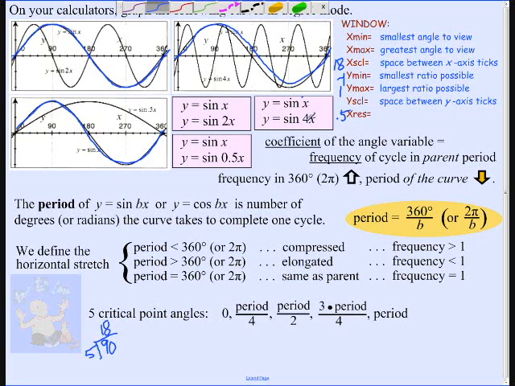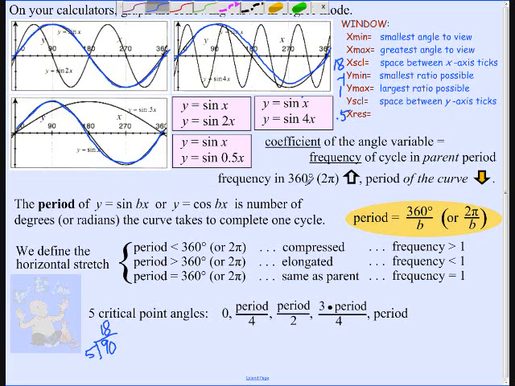When we put a frequency factor of 4 in, it cycles 1, 2, 3, 4 times in 2 pi, or in 360 degrees. And what happens when we put in 1/2? It only gets halfway through its cycle in 2 pi. That's pretty straightforward.